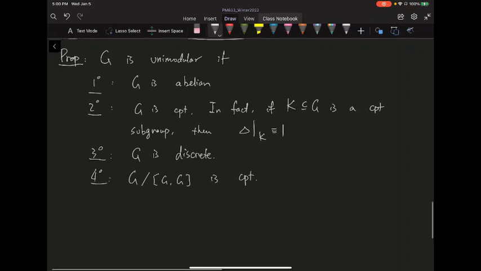First of all, if G is abelian, so let's do the proof. I want to show that if G is abelian, then it's unimodular. Well, that's kind of trivial from just the definition.